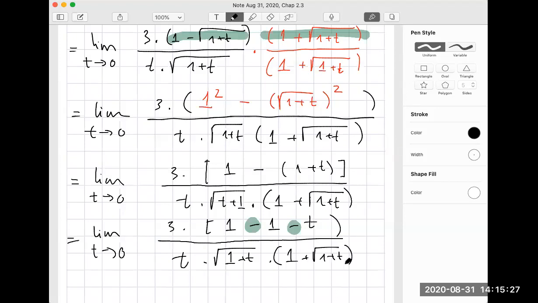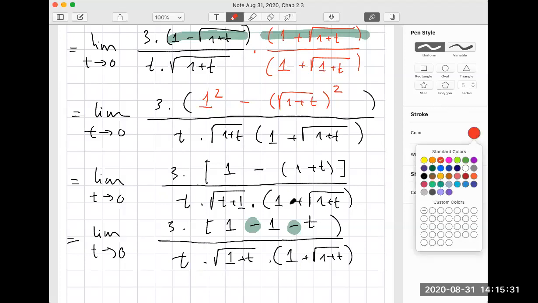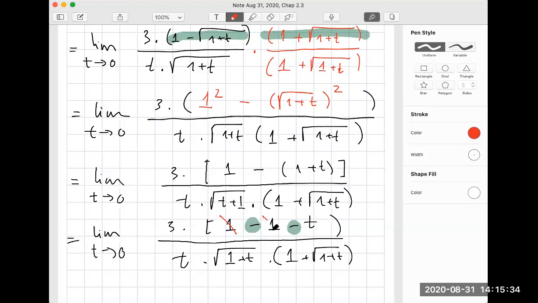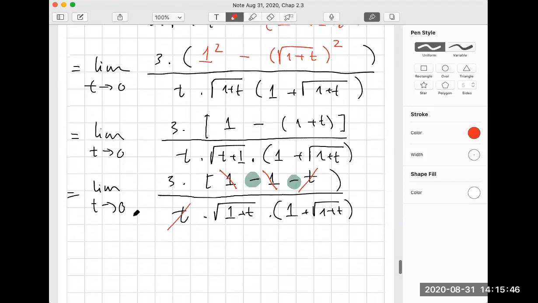Okay, now 1 and negative 1, they will cancel each other, right? And negative t here divided by t here gives us negative 1, right? So now at t equal to 0, this guy will be square root of 1 plus 0. It is defined, which is 1. We are good with that one. Here, 1 plus 1 over 1 plus 1, right? We are good.